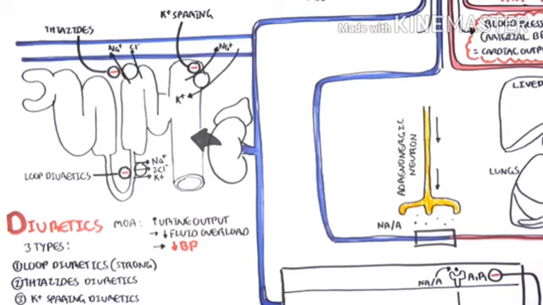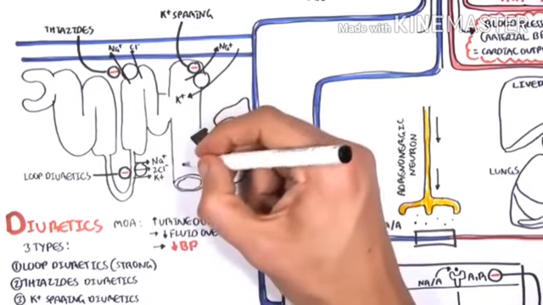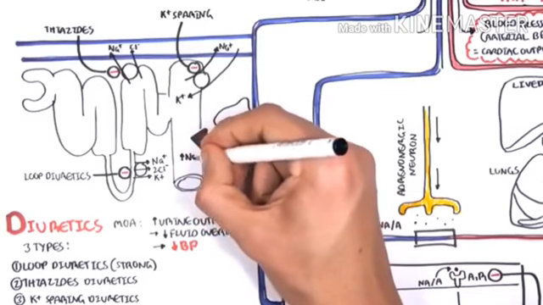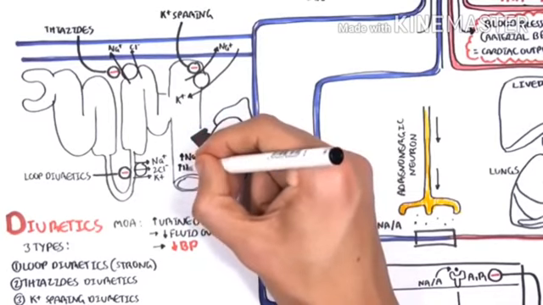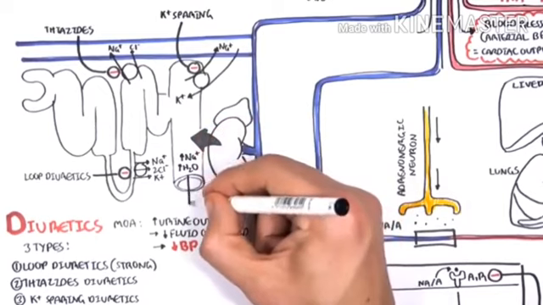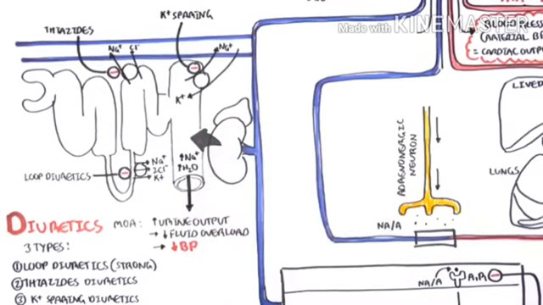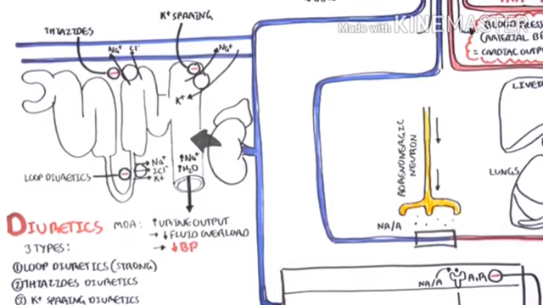Means they are not allowing the exchange of sodium along with the potassium ion in the collecting tubule, thereby sparing, meaning reducing the loss of potassium ion into the urine and increasing the loss of sodium ion into the urine. Why increasing the sodium loss? Because more water is also lost, and this increases the urine output, and thereby decreases the blood pressure.